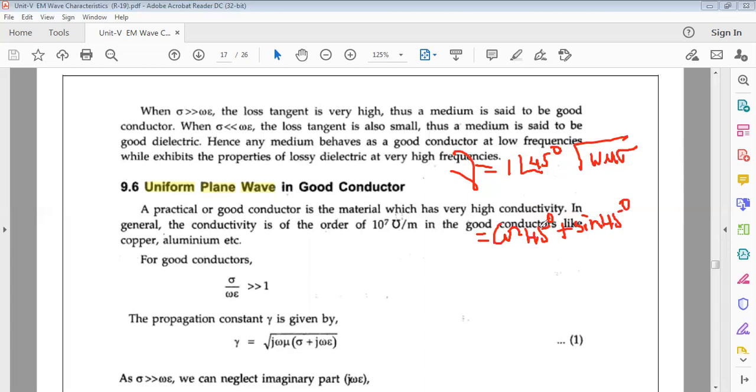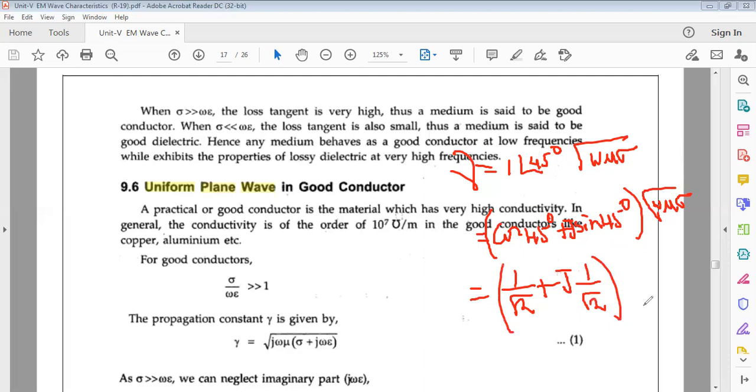And this is the polar form converted into the rectangular form: cos 45 degrees plus j sin 45 degrees, times under root of omega mu sigma. What is cos 45 degrees? 1 by root 2, plus j into sin 45 degrees, which is also 1 by root 2, whole multiplied by under root of omega mu sigma.